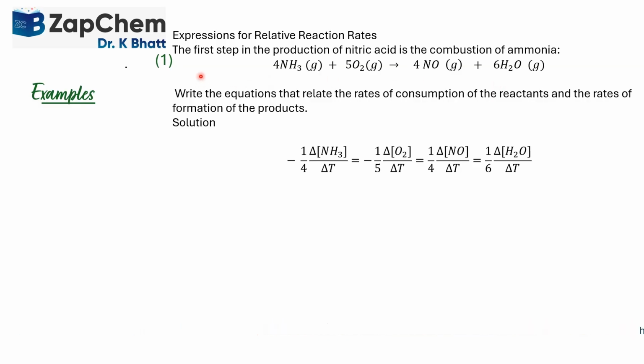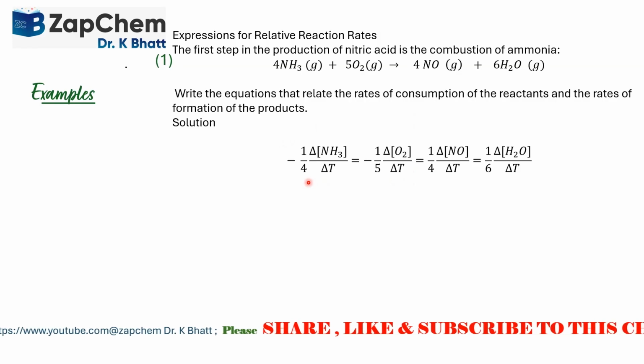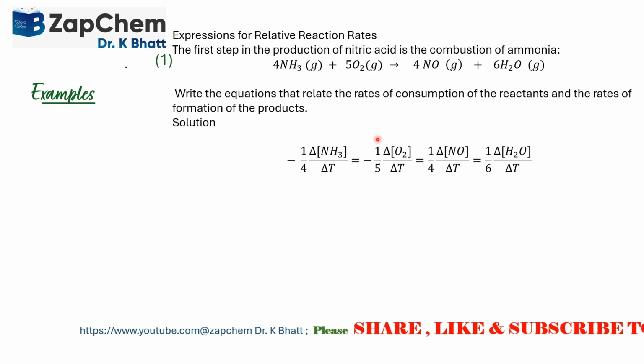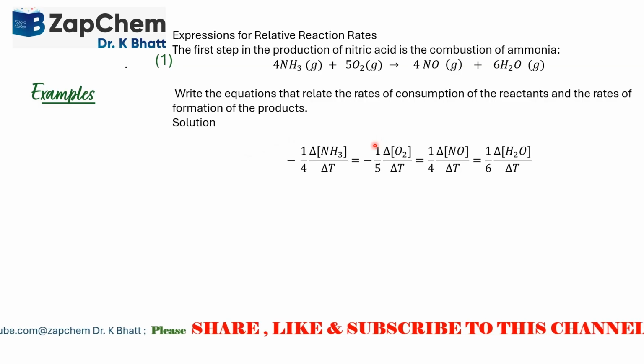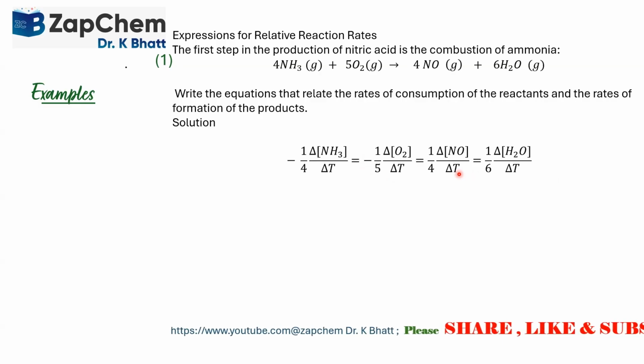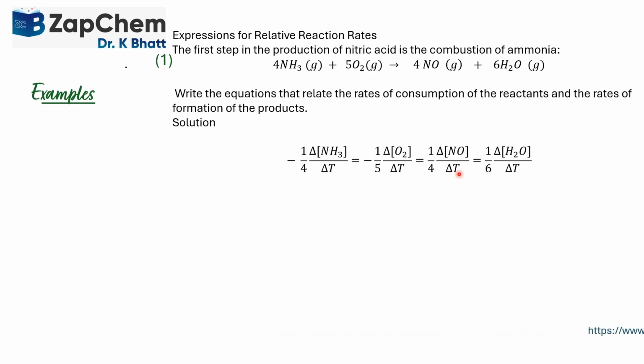If you have to write down the relative reaction rates, the same way we use coefficients in the denominator. With respect to reactants the rate is always negative, whereas with respect to products it is always positive.